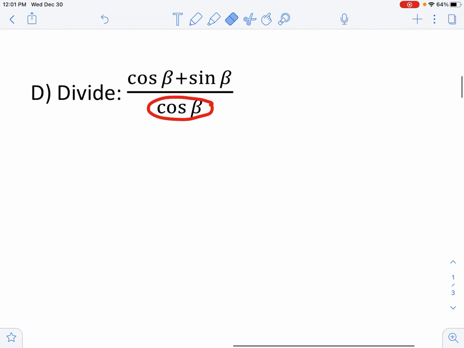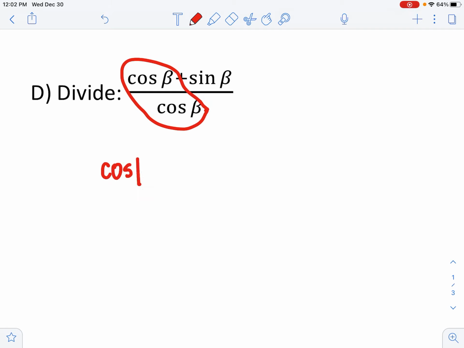Okay, so when you have just one term in the denominator and it looks like a fraction, then divide. What you can do is divide if nothing is looking good to you. So what I would do, remember you have to divide both terms by this. So I would have cosine of beta over cosine of beta. Now if you're like, isn't that one?